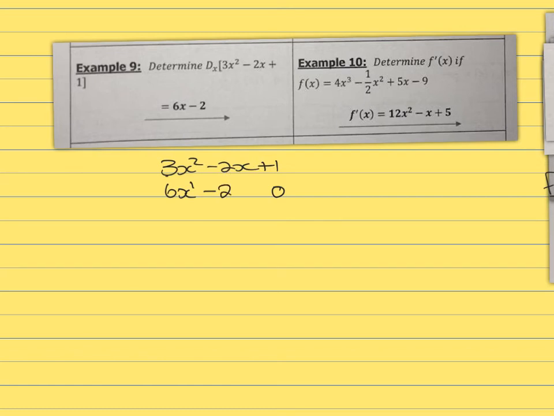And x will be x to the power 1 minus 1, which is 0. X to the power 0 is 1. 2 times 1 is 2. So that is what it starts off as. So the dx will be 6 x to the power 1 minus 2. You don't have to write that 0. It's just extra ink.